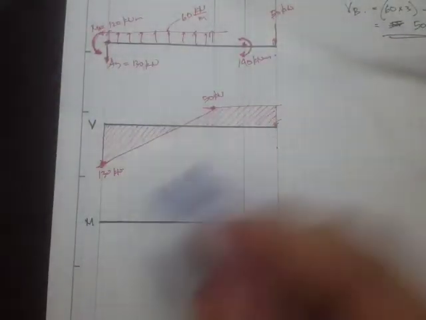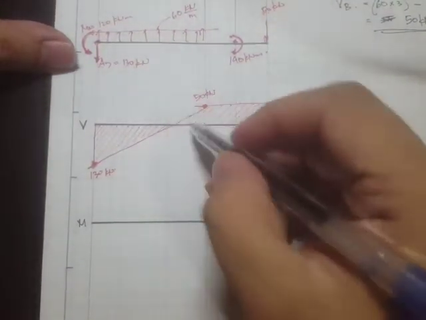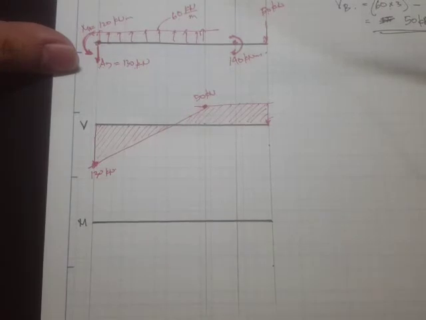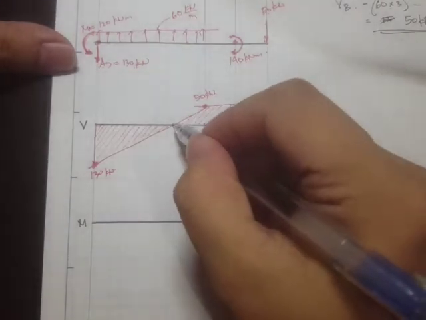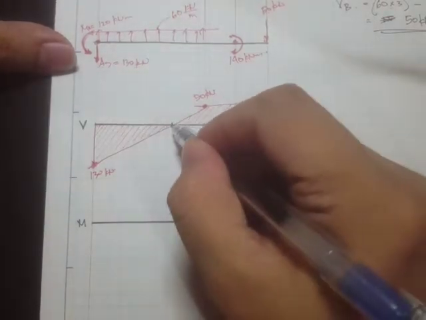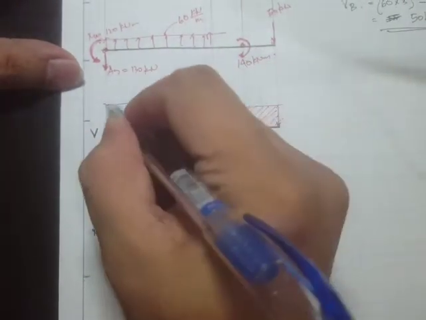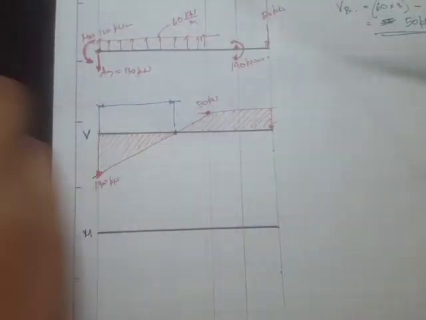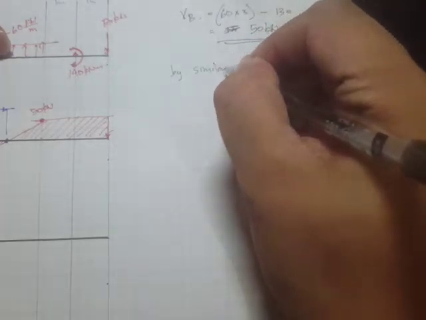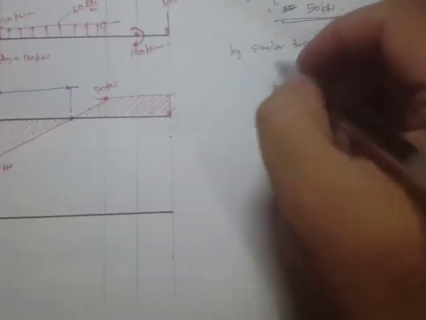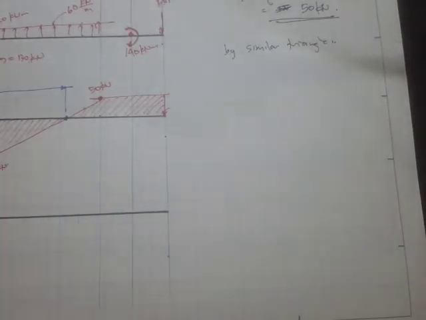And right here we have this point where the shear crosses from negative to positive, and this distance right here you can just solve using similar triangles. Let's write this is x.